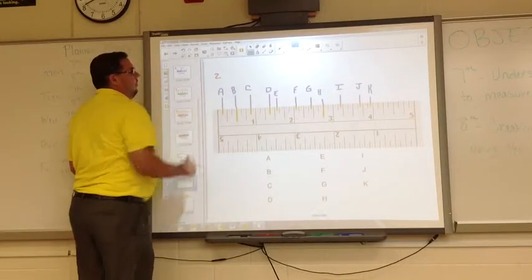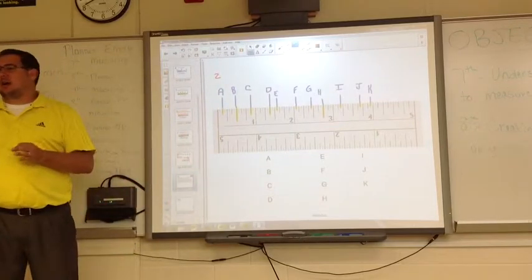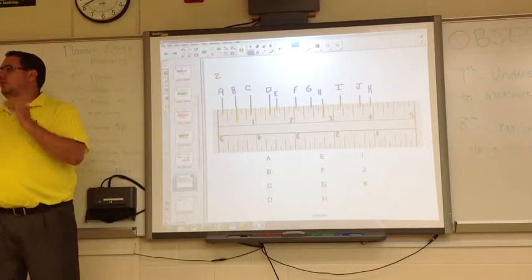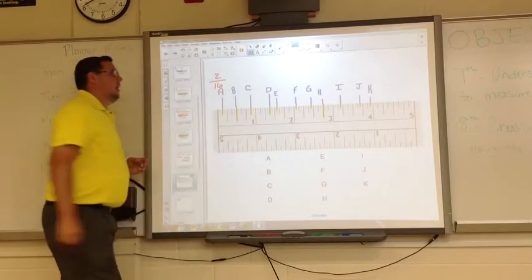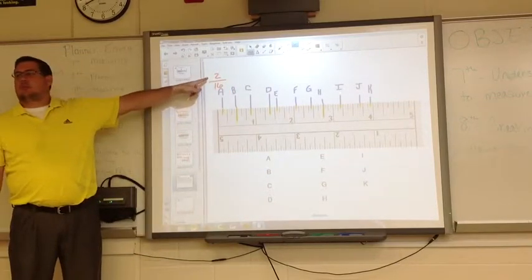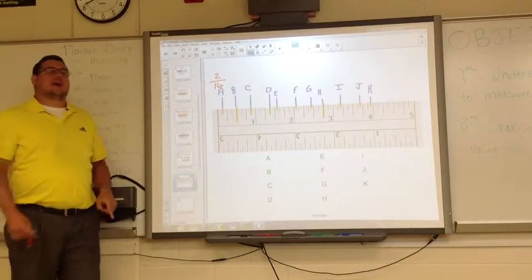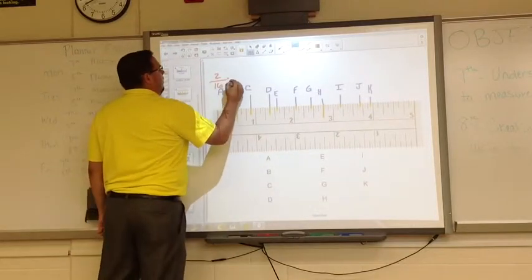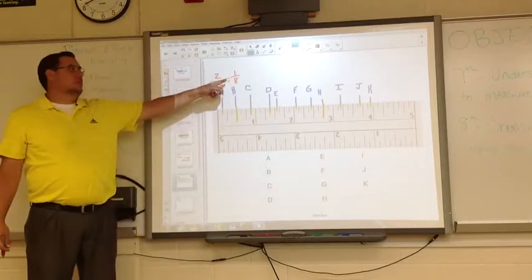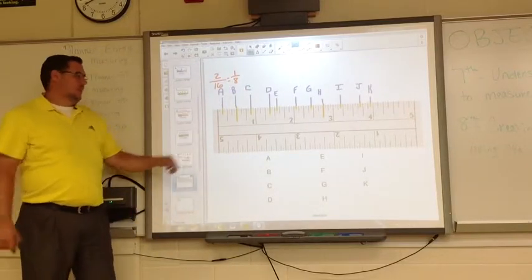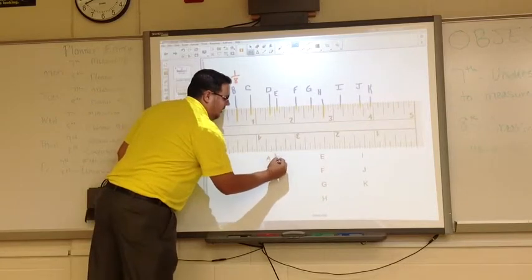So that's 2, and if we count every single line, we always put it over 16. So it'd be over 16. Is this in our simplest form? No. So we have to divide by 2. Divide each one to be 1/8. Is this in our simplest form? Yes. So we leave it. So the answer to A is 1/8.